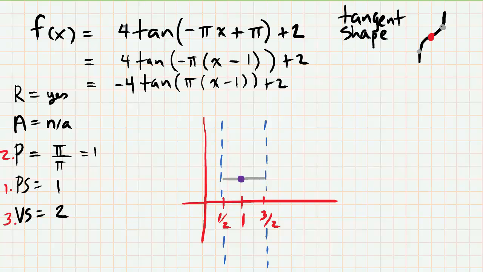It's true that the coefficient out here does affect the steepness of the graph. And because there is a 4 that's bigger than 1, this graph should be steeper than a basic tangent. We usually don't plot points, though. We usually just interpret this pretty casually. So we're going to go steep and up if there was no reflection, but lo and behold, there is a reflection.